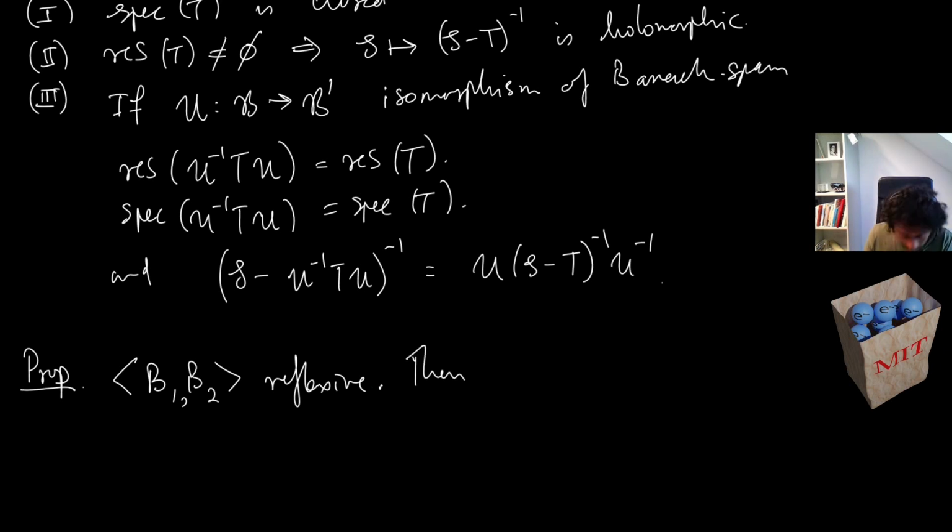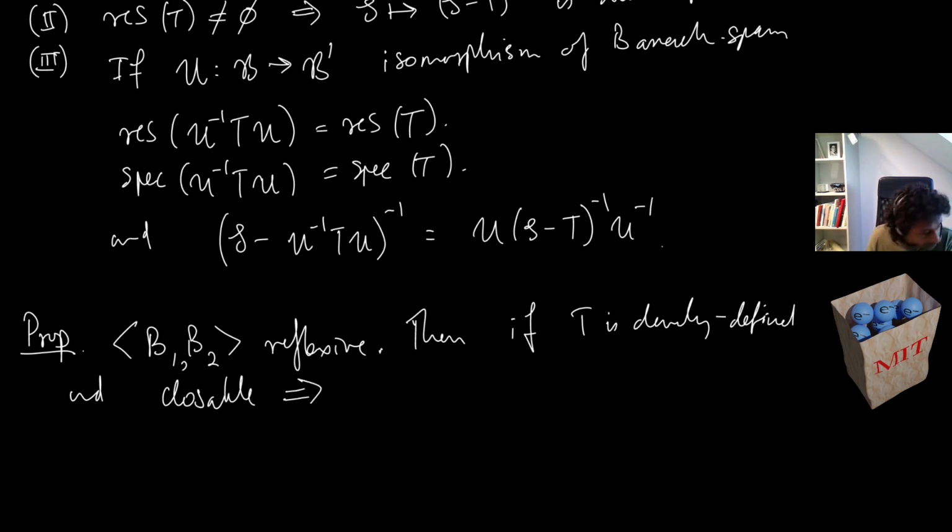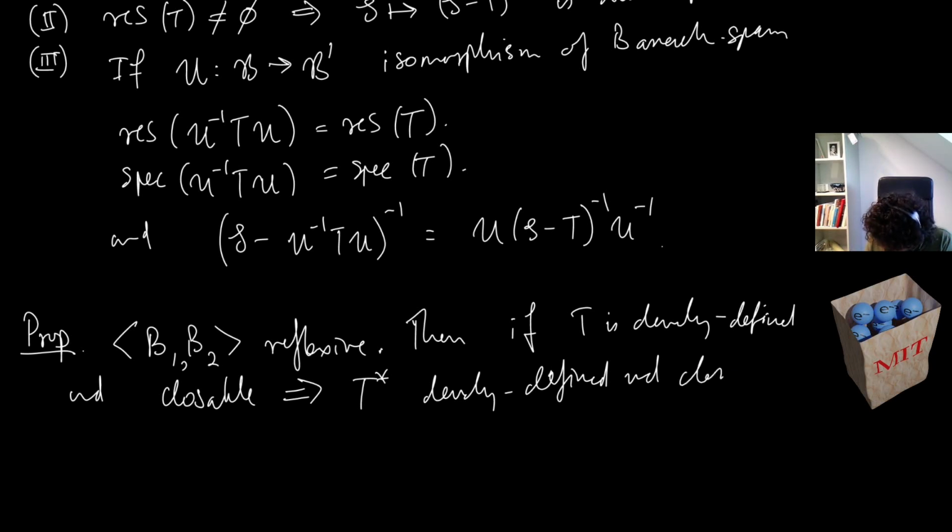Then if T is densely defined and closable, then we obtain that T star is densely defined and closable. It's closed actually.